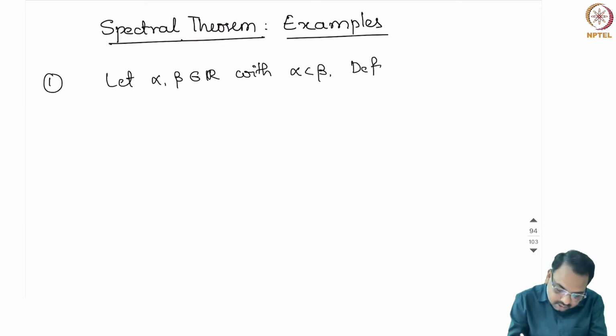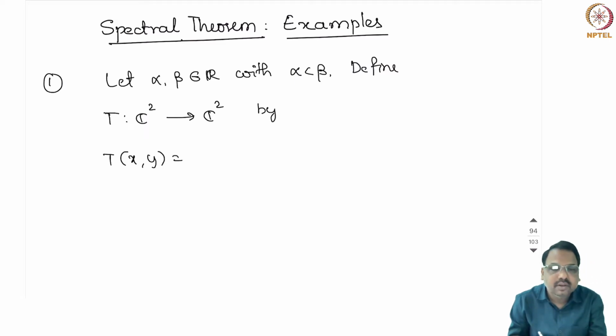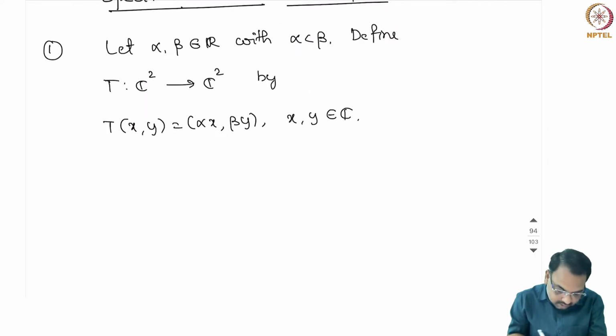Define T from C2 into C2 by T of (x, y) equals (alpha x, beta y), where x, y are in C. That means the matrix of T with respect to the standard orthonormal basis of C2 is nothing but the 2 by 2 diagonal matrix with diagonal entries alpha and beta.